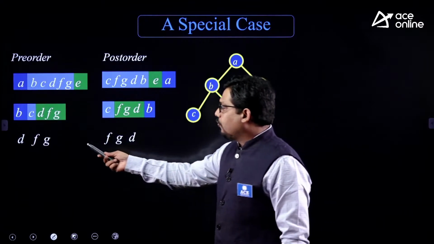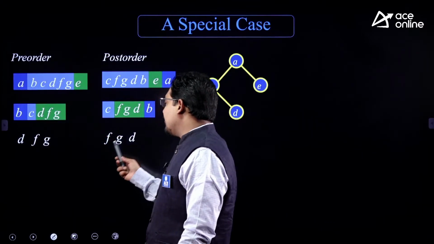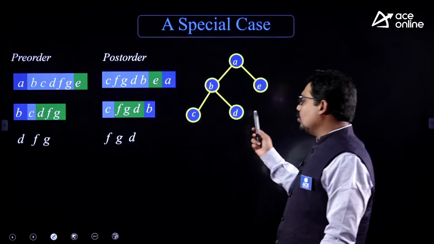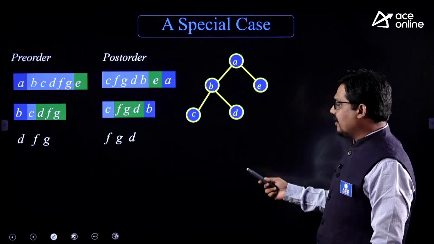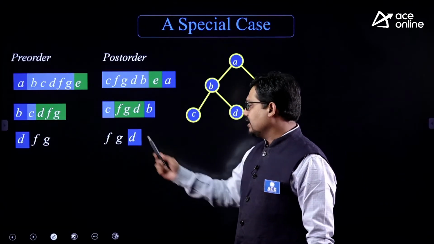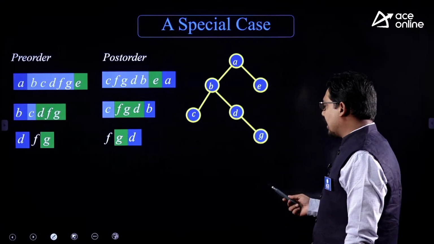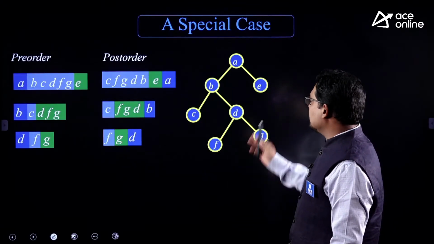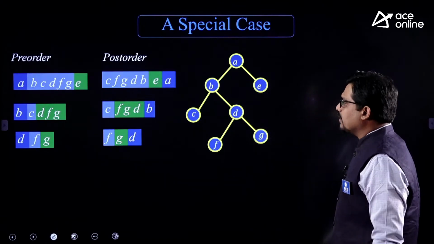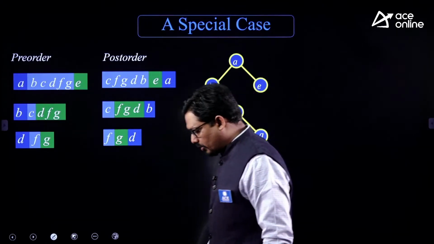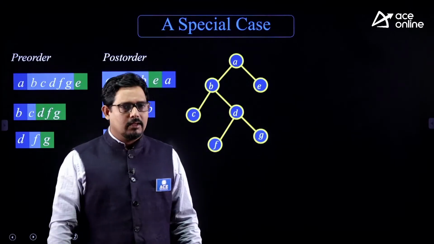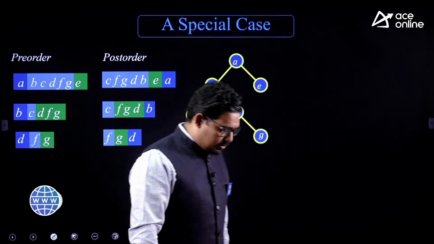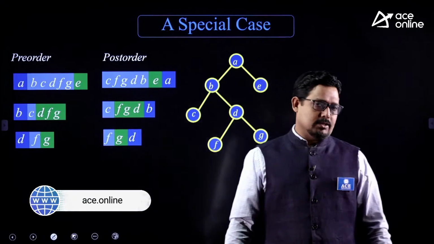With that, I can go forward with D, F, G and F, G, D. What is the root? D is the root. What is on the left? F. What is on the right? G. So G is on the right and F is on the left. That is the tree construction, a special case using pre-order and post-order traversals. That was the first concept that I have discussed.